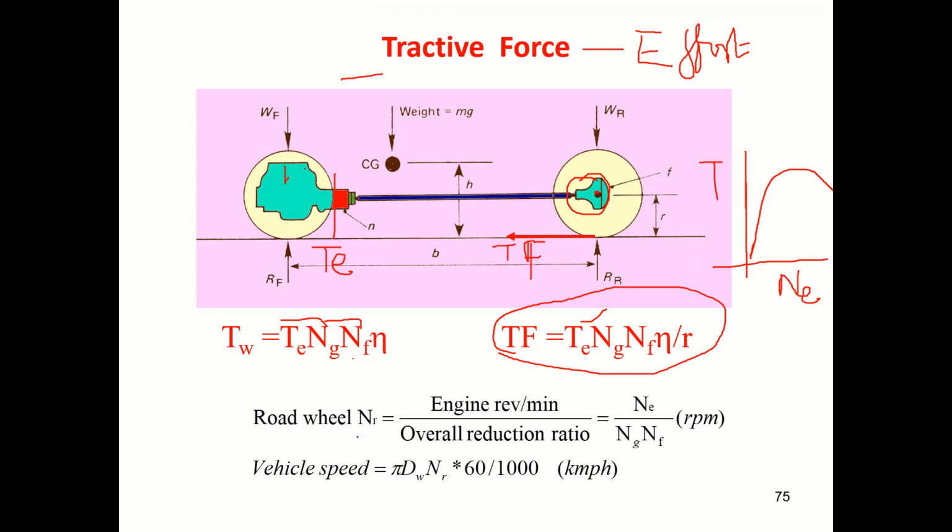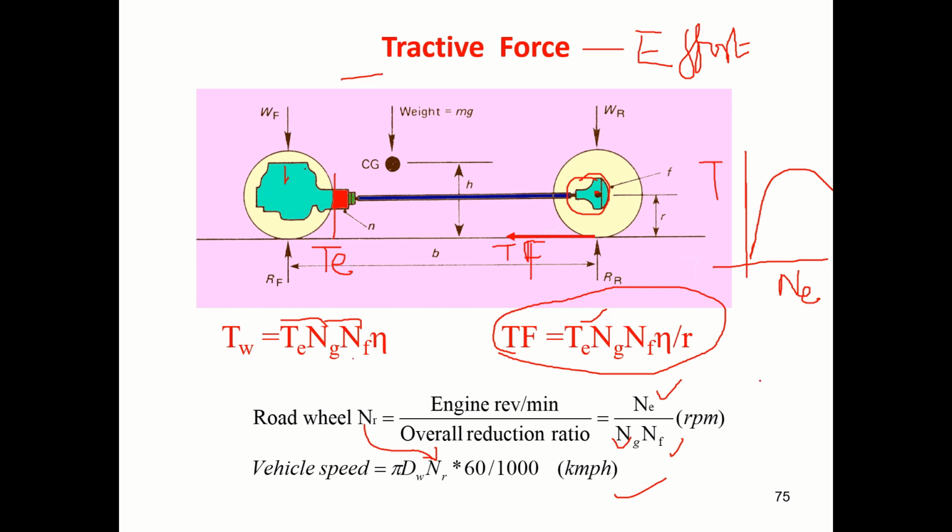Now here I have shown vehicle speed. Pi, diameter of the wheel, RPM, multiplied by 60, so per hour. So many meters per hour divided by 1000, so that you will get kilometers per hour. So engine speed you divide by gear ratio and final drive ratio, then you will get this speed and substitute that speed here.